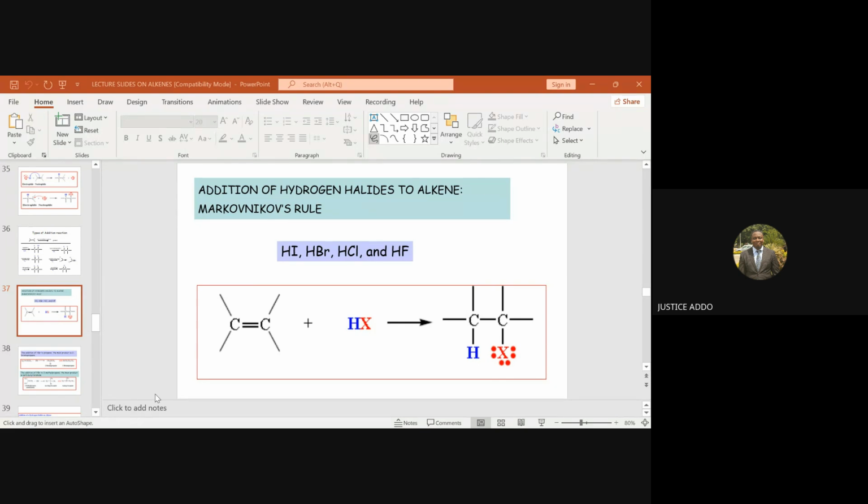Or is it the first time you are hearing Markovnikov's rule? Even back in secondary school, it was one of the common rules. Is there anyone here who didn't do chemistry at the secondary school level? We did, but I've forgotten. So many years ago. My first time of hearing it.